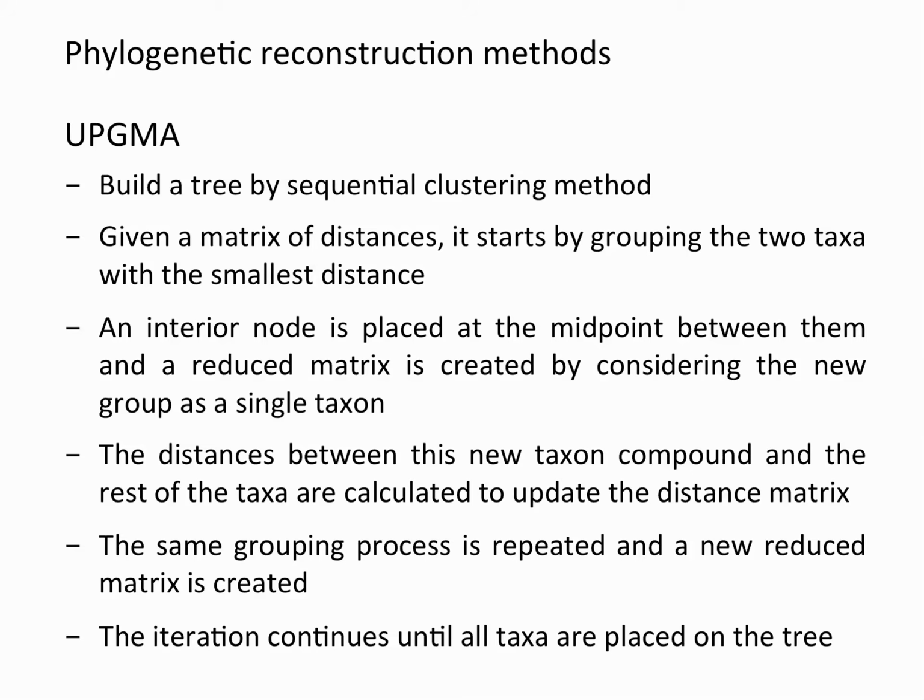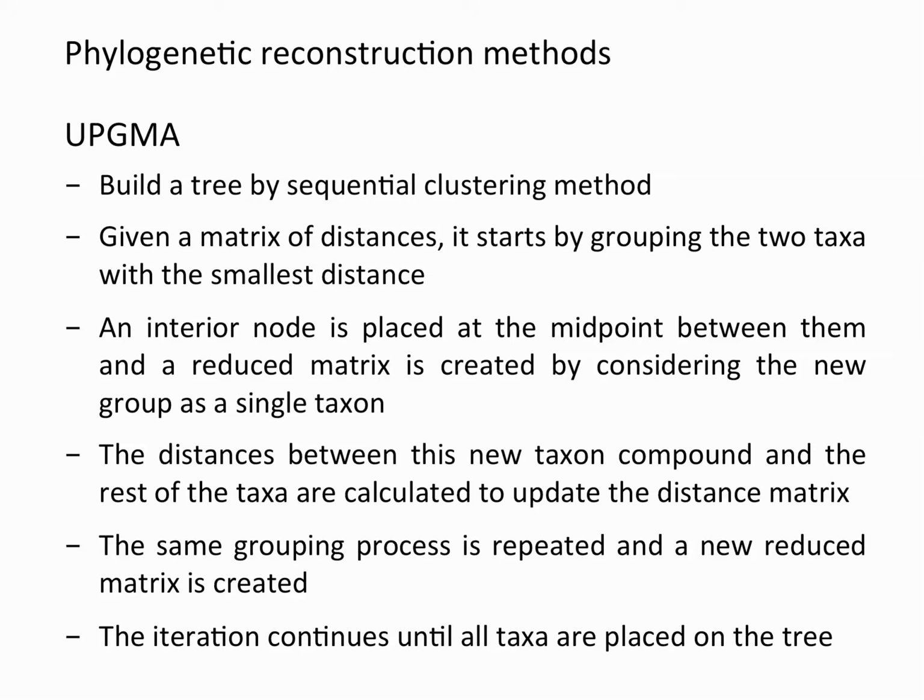First, you have to build a distance matrix from the sequence alignment. Then, given this matrix of distances, start by grouping the two taxa with the smallest distance. Place an interior node at the midpoint between them and create a new matrix by considering this group as a single taxon.